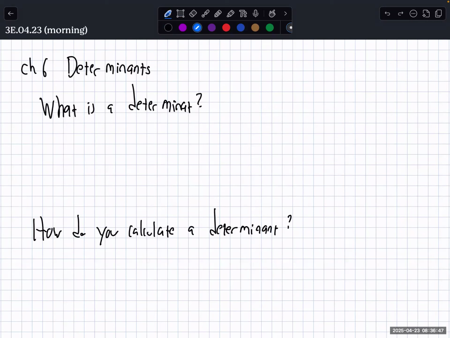Okay, so two things I want you to get out of this chapter are knowing what a determinant is and how to calculate it.